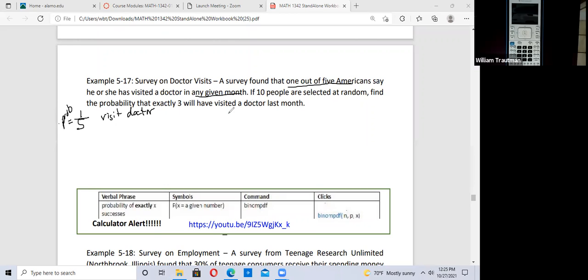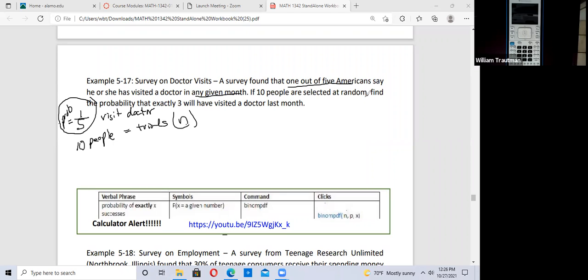If 10 people are selected, that's the number of trials. That's N. And this is the probability, 1 in 5 go to a doctor. Fine.